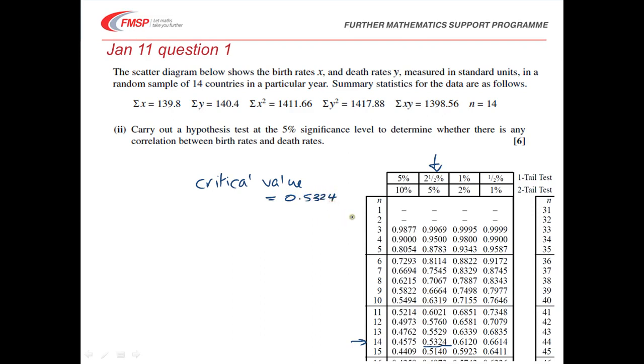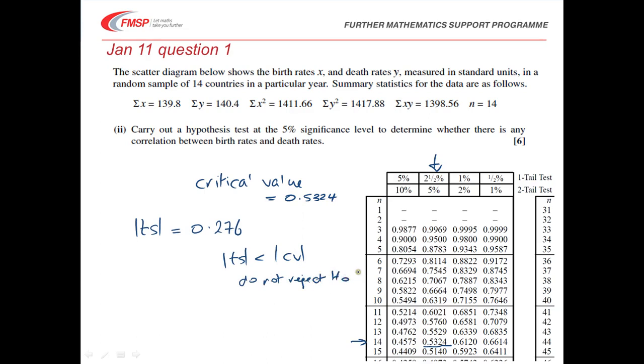And what we do is we look at the size of your test statistic. So your test statistic is the value that we created in the previous question. So the size of your test statistic is equal to 0.276. And as with the normal distribution, we're going to compare the size of the test statistic with the size of the critical value. And we can see that the size of the test statistic is smaller than the size of the critical value. So as before, we do not reject H0.